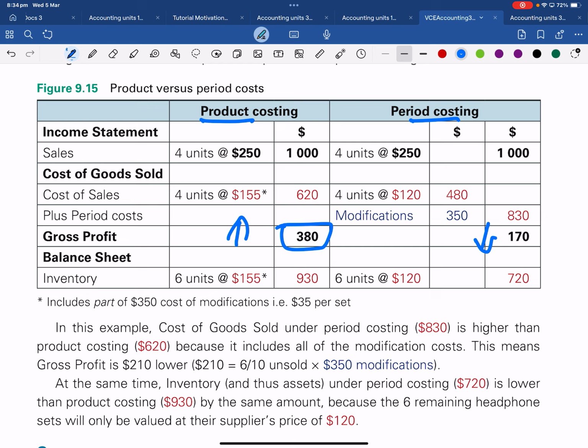Inventory will be higher in product costing, and in period costing, inventory will be lower. But what is the difference if we were able to sell all 10 inventory in the same period itself? Would there be any difference between these two costing methods? No, there won't be any difference.